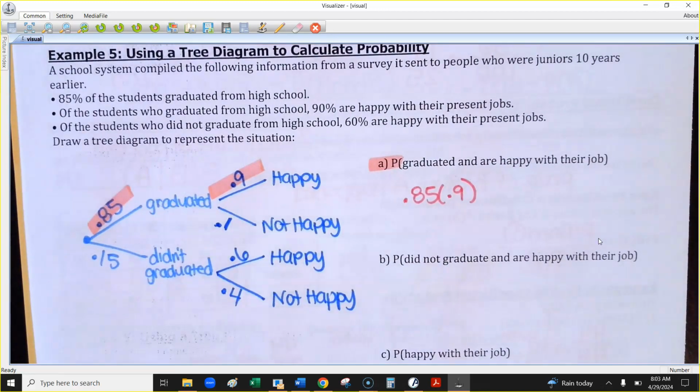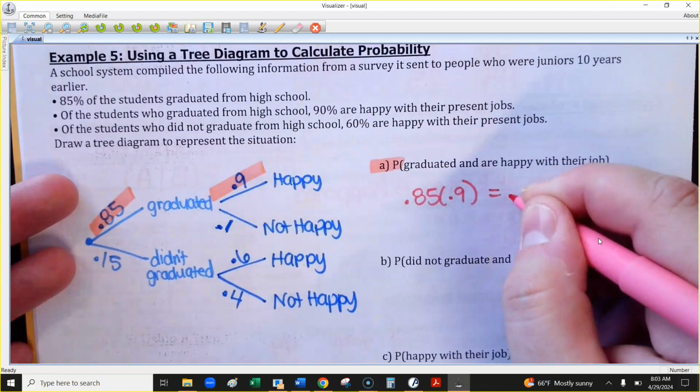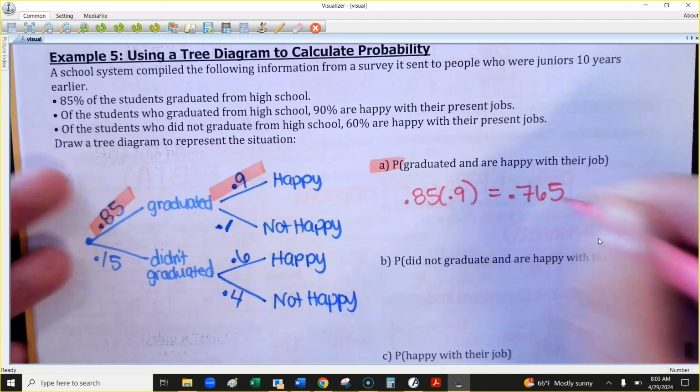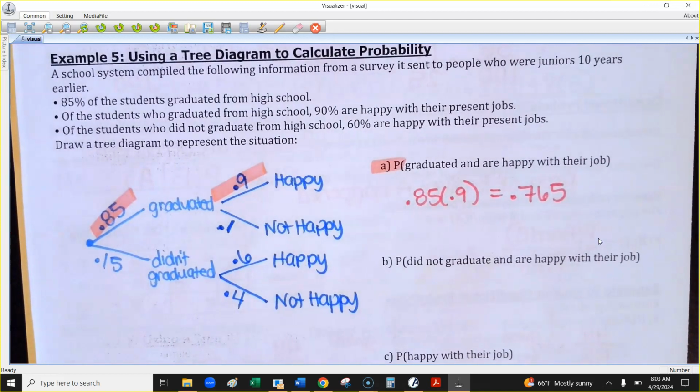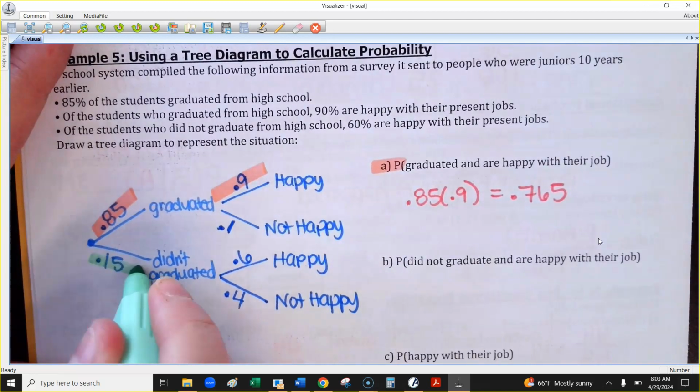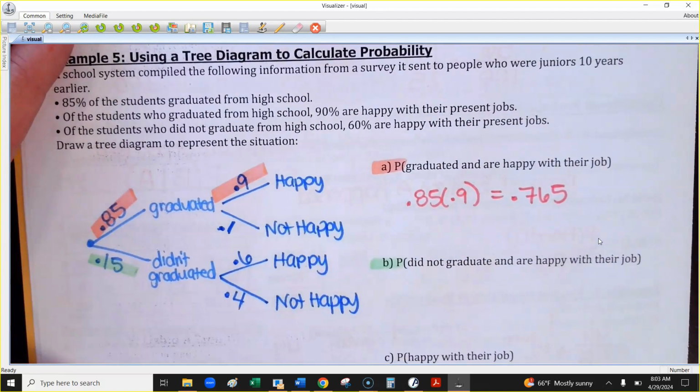Now, these probabilities should never be more than 1. So keep that in mind. If you get a number that's bigger than 1, we may have messed up something in the tree diagram. But that would be 0.765, so like 76.5%. Okay, the second one says they didn't graduate, so I'd go here, and they're happy with their job.